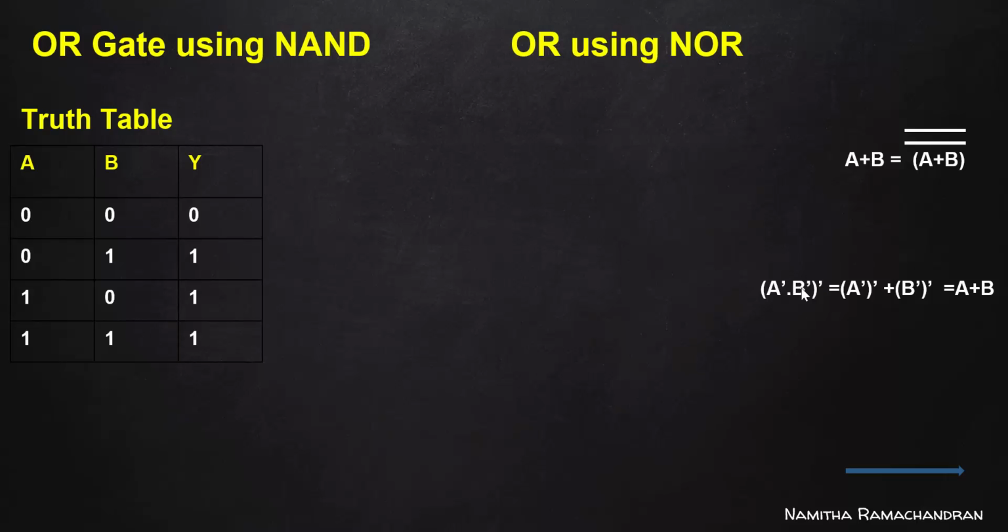So the result is (A complement and B complement) all complement. So apply De Morgan's law. Now it becomes A complement all complement plus B complement all complement. While simplifying, these two complementations cancel each other, these also. So it is A plus B.